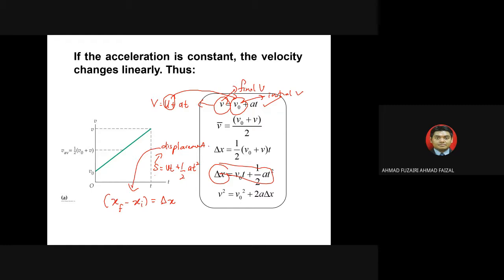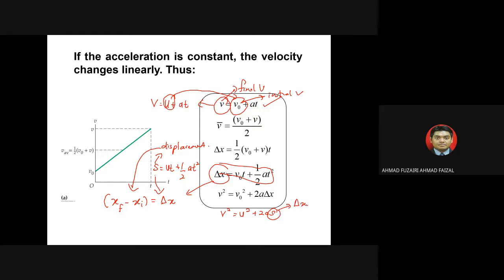We just replace s with delta x. So the change in position equals initial velocity times time plus half at squared. Normally you also use v squared equals u squared plus 2as, and this s you change to delta x.